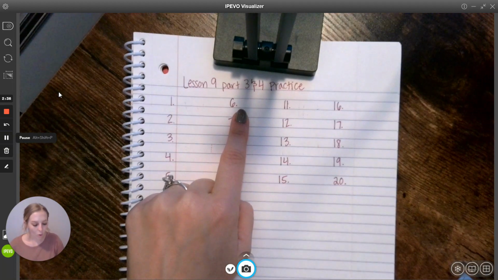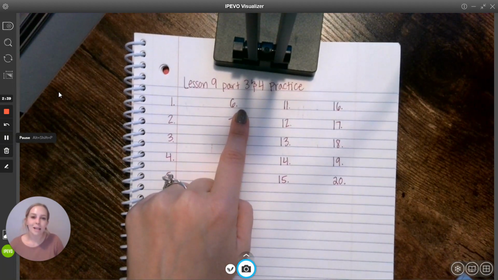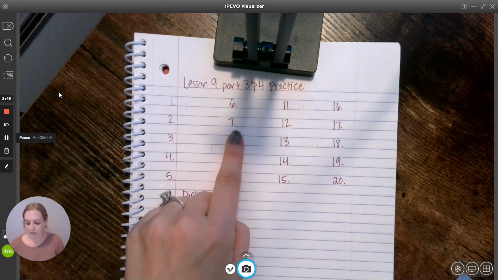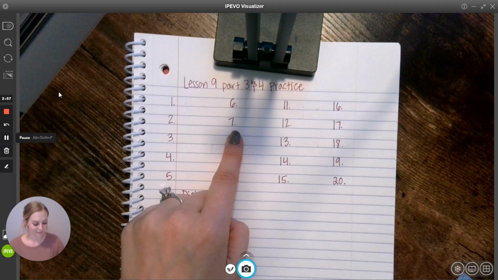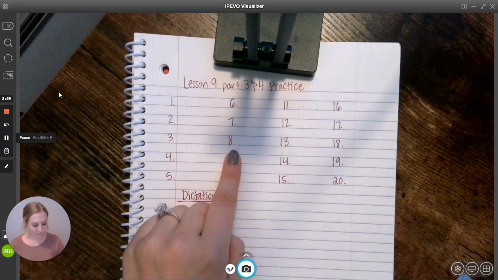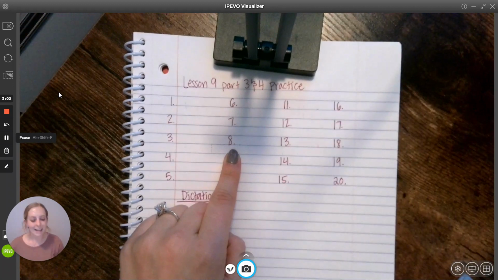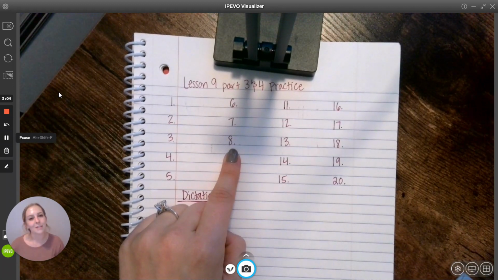Number 6, oi, that may be used at the end of English words. Number 7, hua. Make sure you're listening to that one. Number 8, a, that may be used at the end of English words.